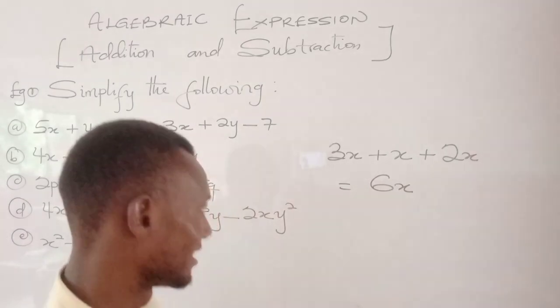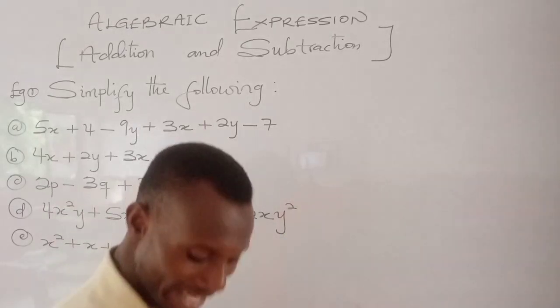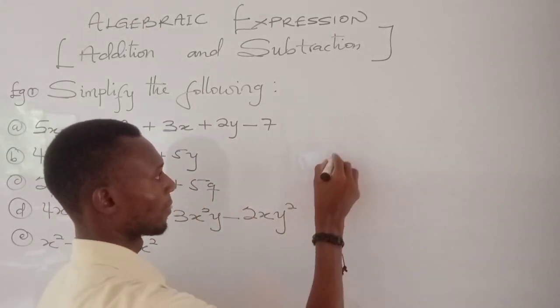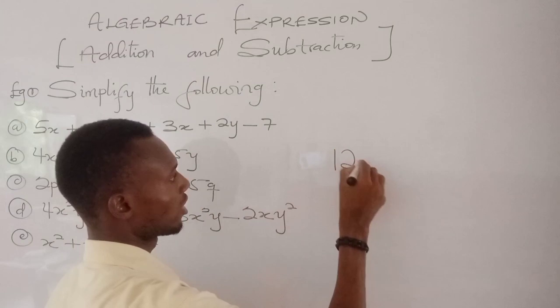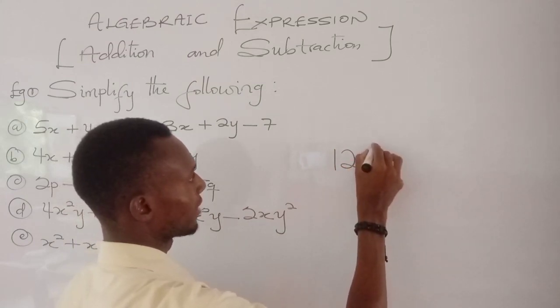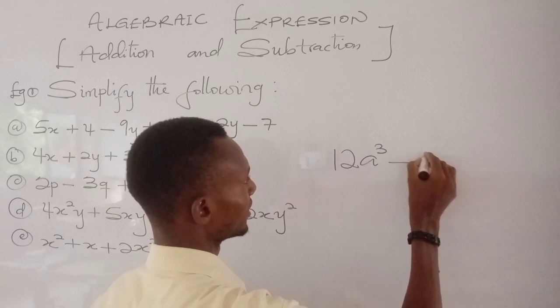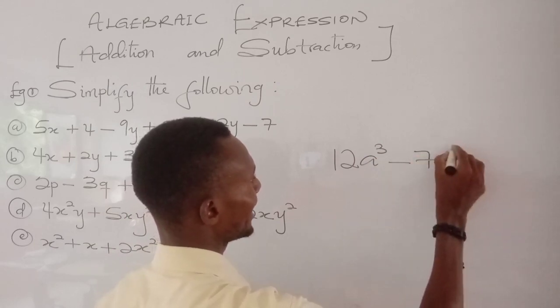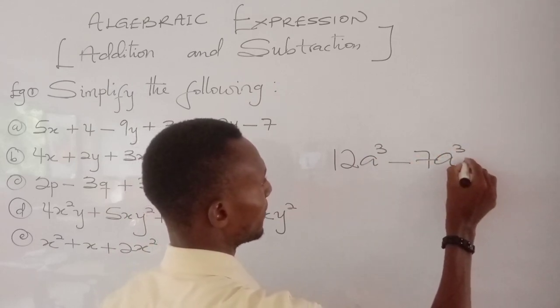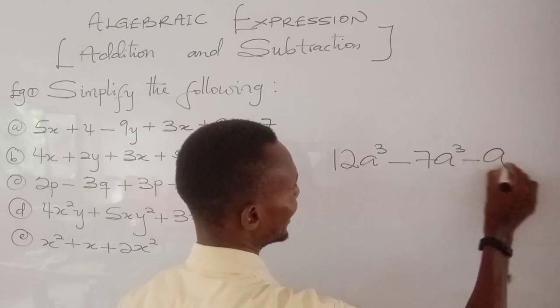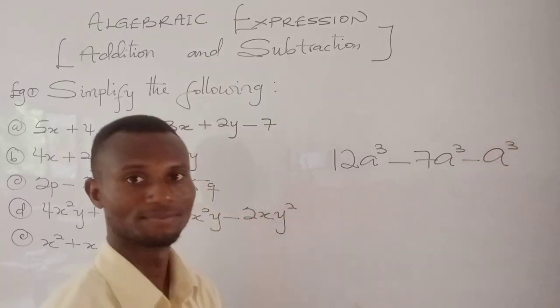Let's take another example. Let's say I have 12a to the power 3 minus 7a to the power 3 minus a to the power 3.